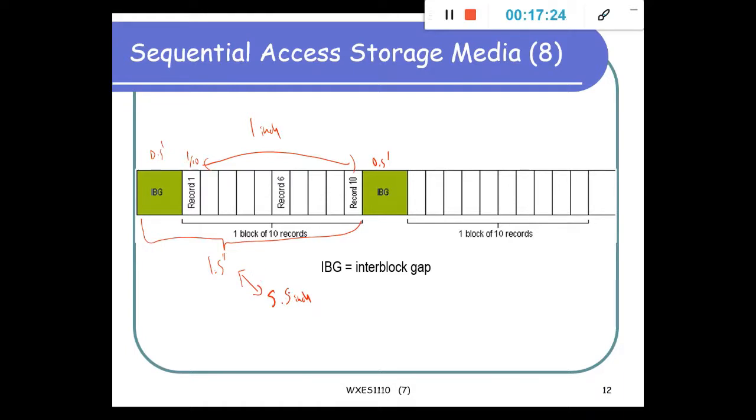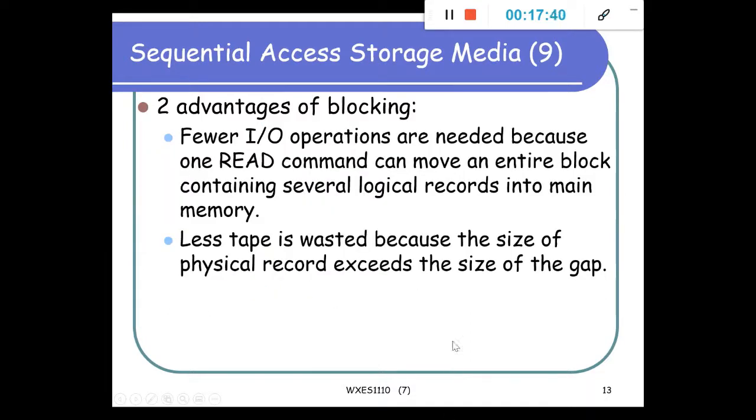Individually, you need almost 3 times as much. In blocks, you reduce it significantly to 1.5 inches. As you can see graphically, a huge amount of space is saved in block manner.